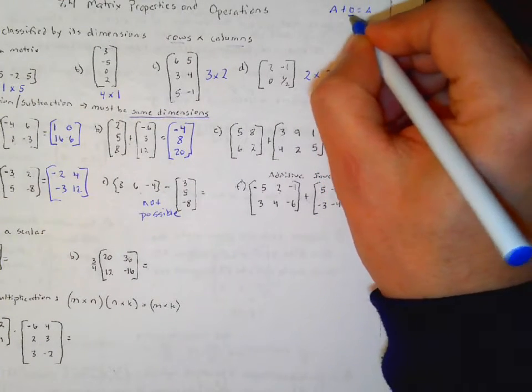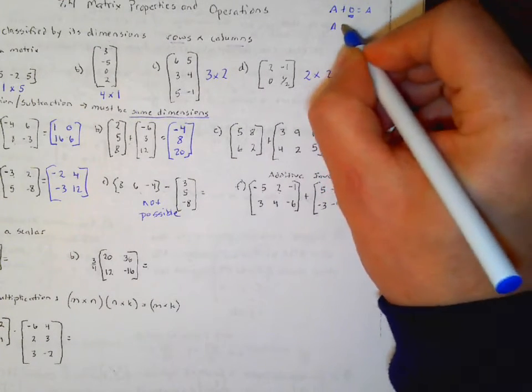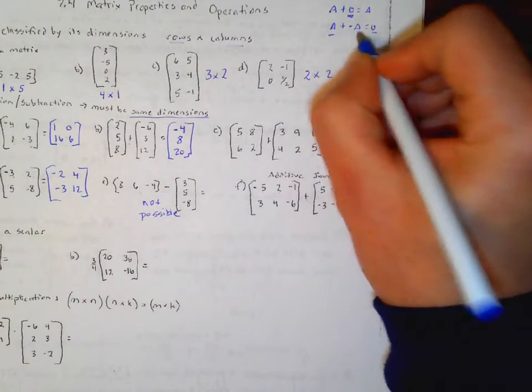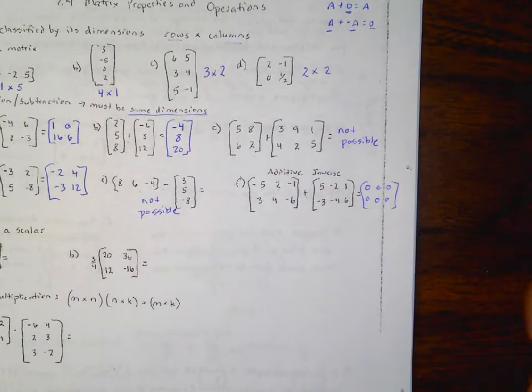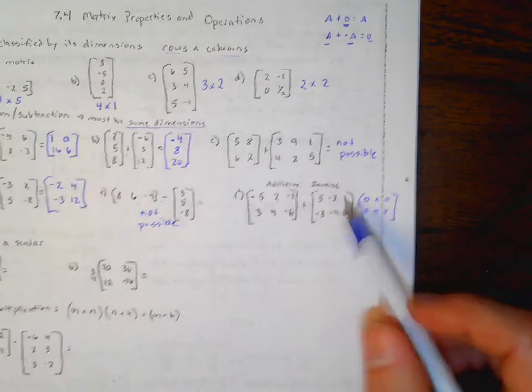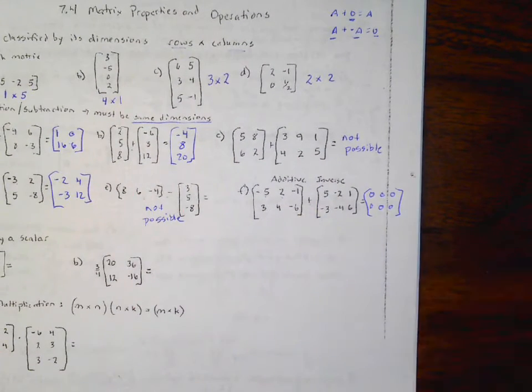Well, that's the identity. If I add a plus a -a, I get the identity back, right? So a and -a are inverses of each other, like 2 plus -2 are inverses. So this is the additive inverse for a matrix. Okay, just the opposite of it.